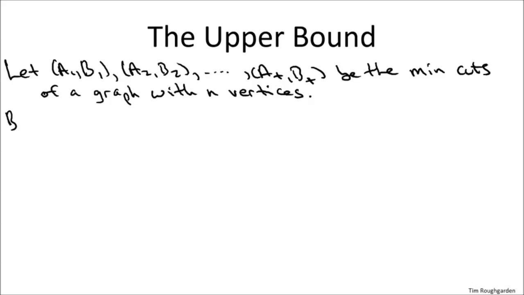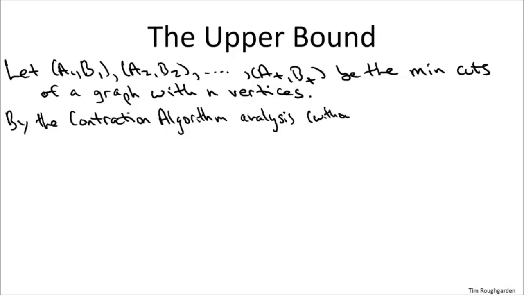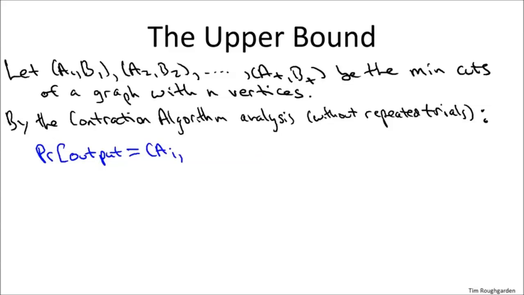And what we proved in the analysis is that the probability that the algorithm outputs the cut (Ai, Bi), not just any old min cut but in fact this exact cut, is bounded below by, in the end we made a sloppy inequality. We said it's at least 1 over n squared, but if you go back to the analysis, you'll see that it was in fact 2 over n times n-1, also known as 1 over n choose 2.